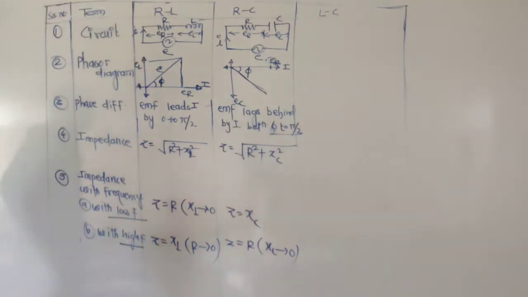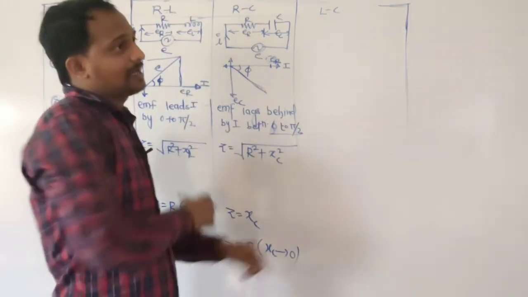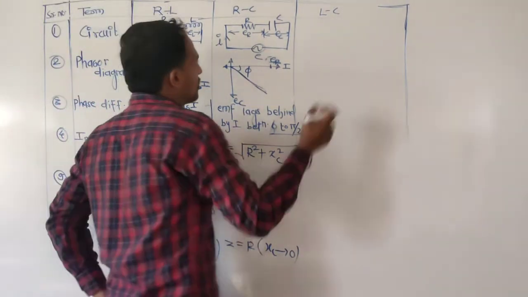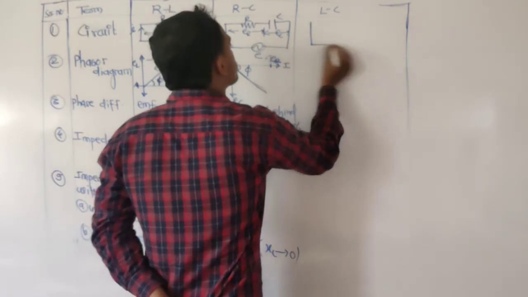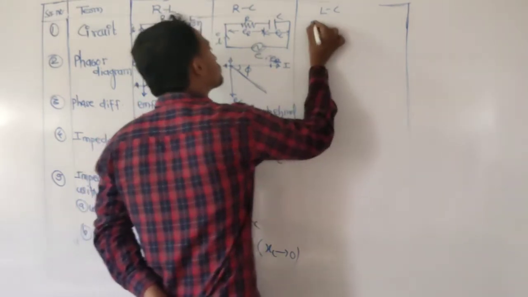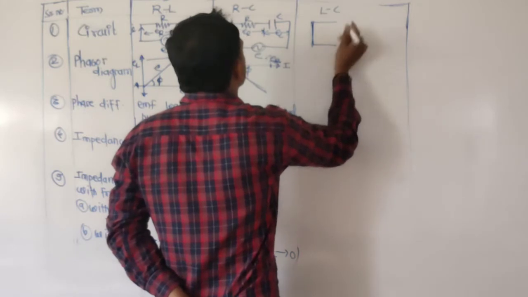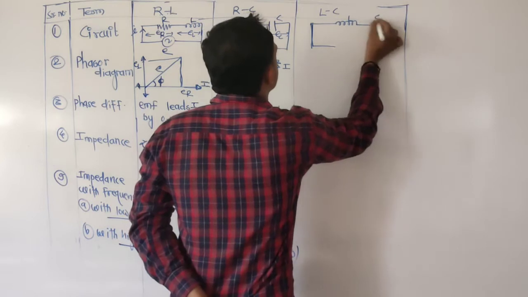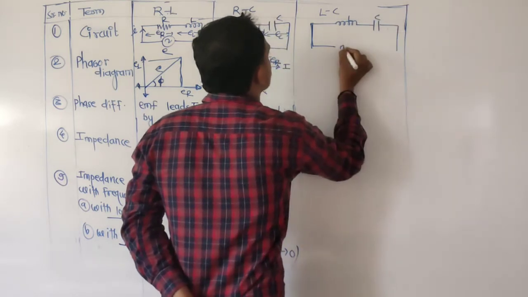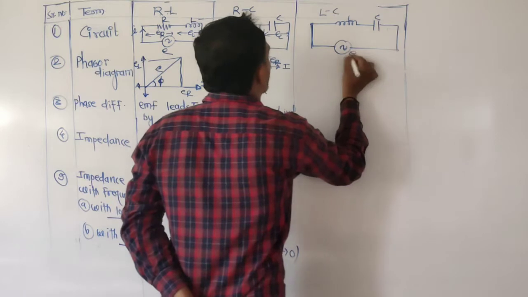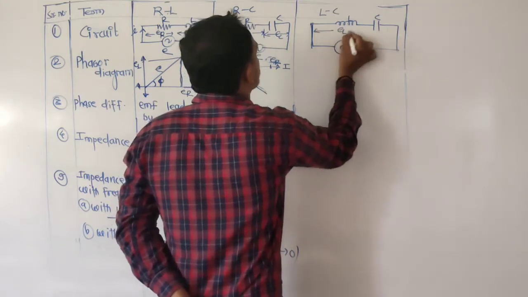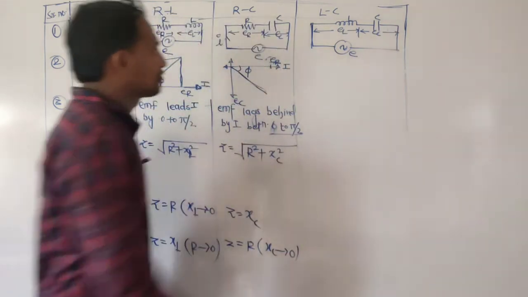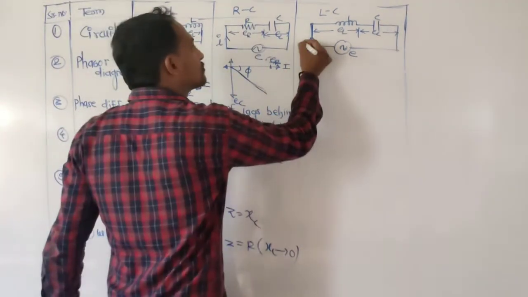So what about LC? This is not a parallel circuit but a series circuit. When it is a series circuit, it behaves differently. Look here: EMF E, this is EL, this is EC, and current I is passing through this.